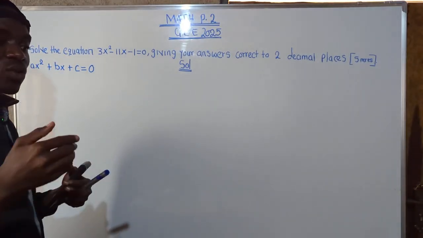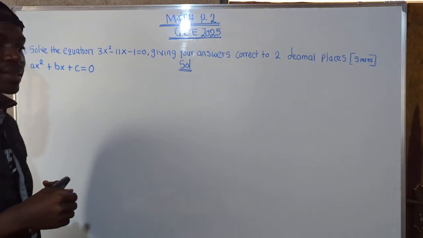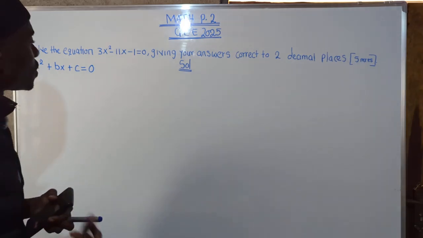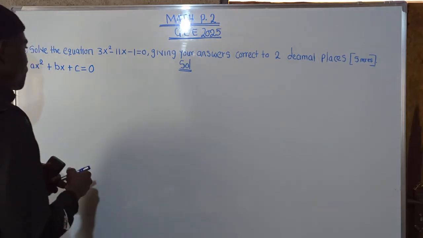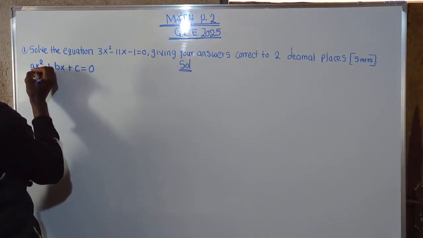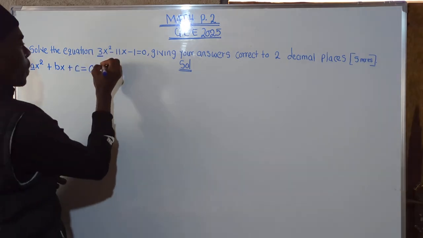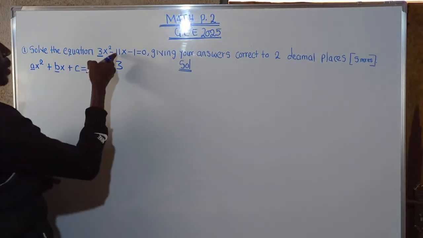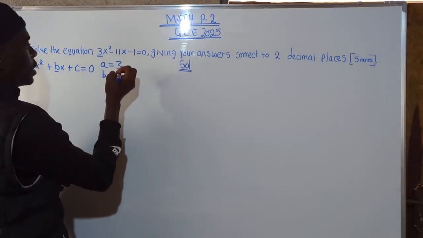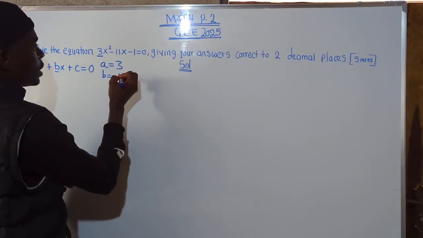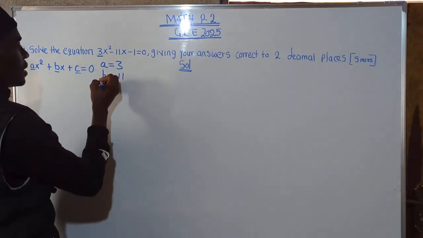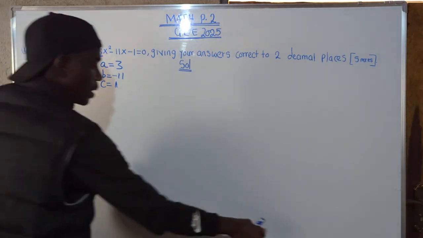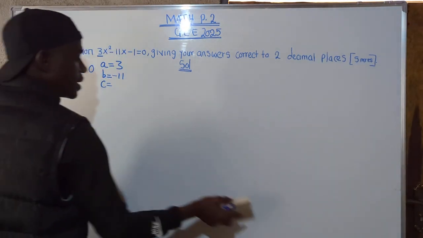What is basically so important is for you to be able to recognize what your a, your b, and your c is in this particular question. So in this case, what is our a? Our a is simply 3. What is our b? Our b is simply negative 11. What is our c? Our c is simply 1.